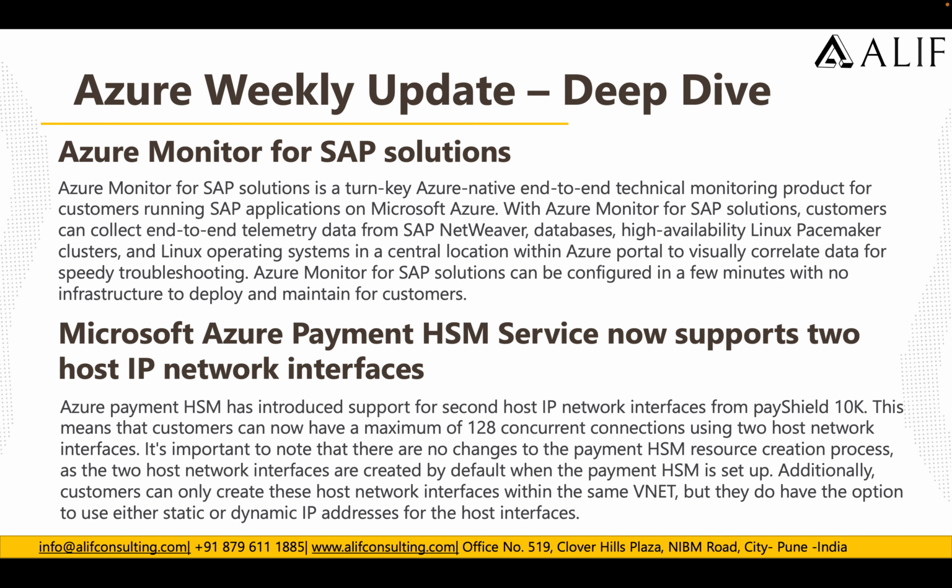It's important to note that there are no charges in the Payment HSM resource creation process, as the two host network interfaces are created by default when the Payment HSM is set up. Additionally, customers can only create those network interfaces within the same VNet, and they don't have the option to use either static or dynamic IP allocation for the host interface.